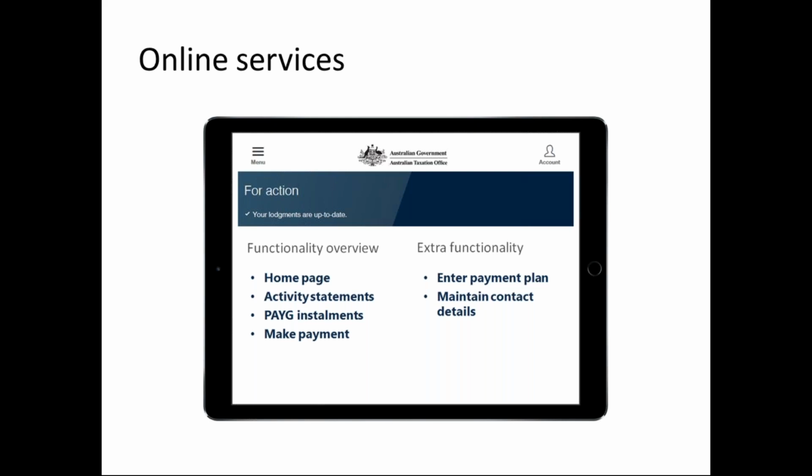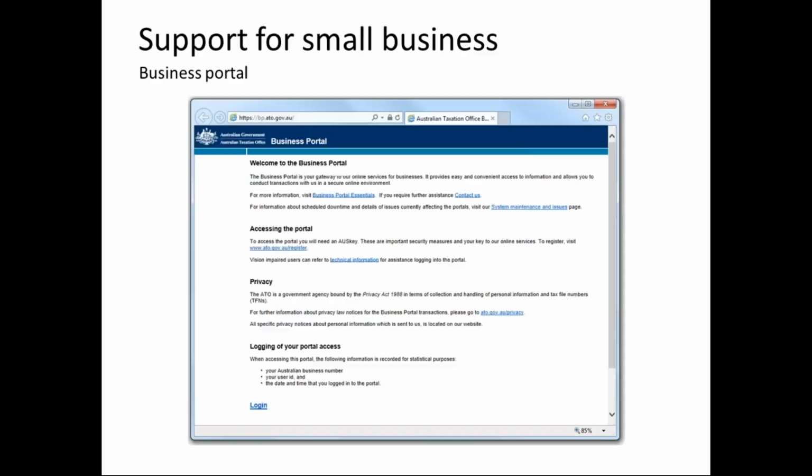So users can view their tax account details. You can prepare, view, and revise activity statements and instalments. You can manage your PAYG instalments. You can make payments, set up payment plans, maintain details such as your addresses and contact information, and of course, you can lodge via MyTax.